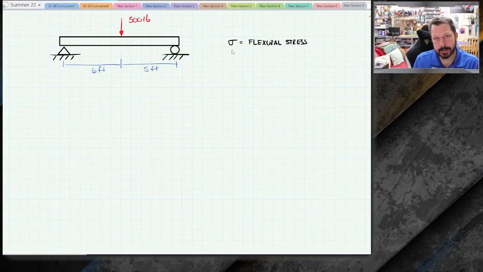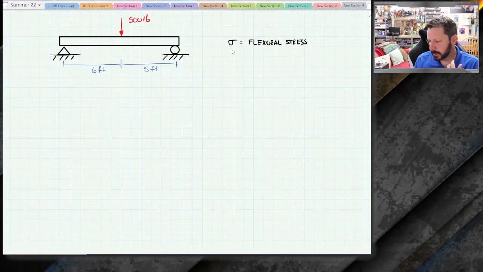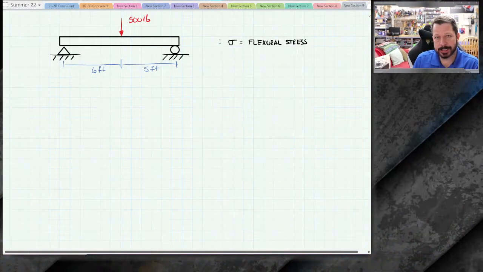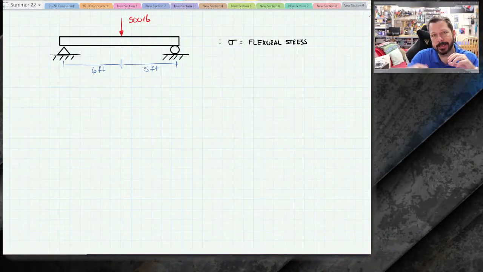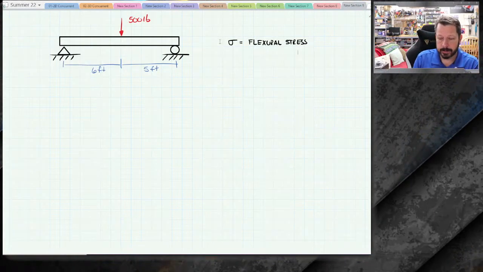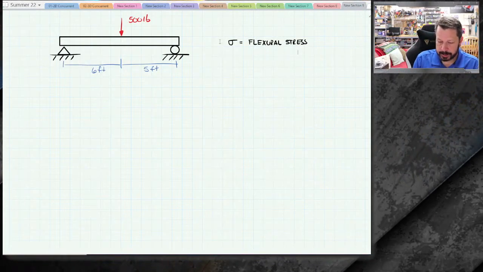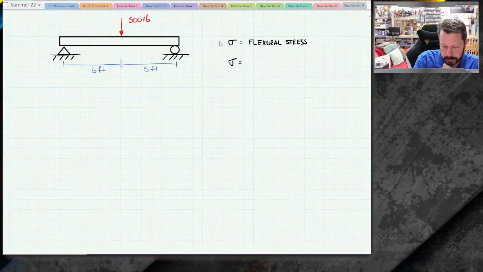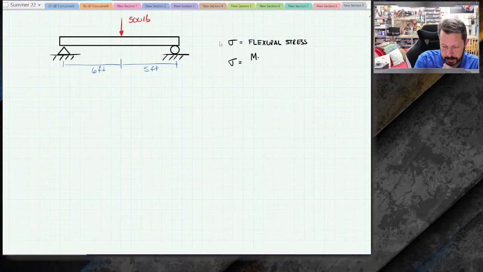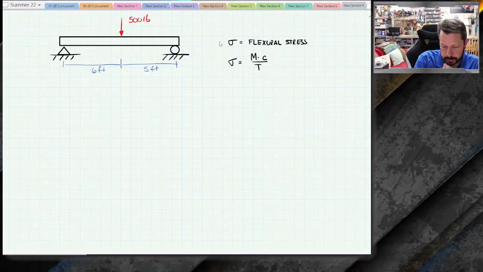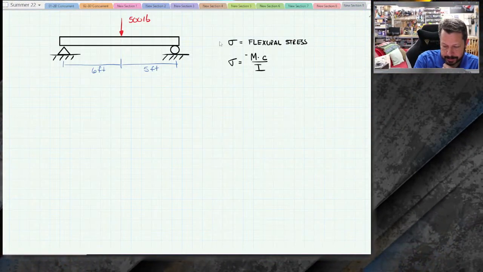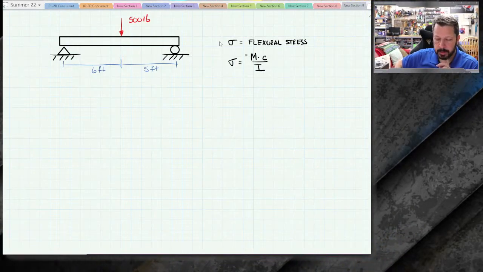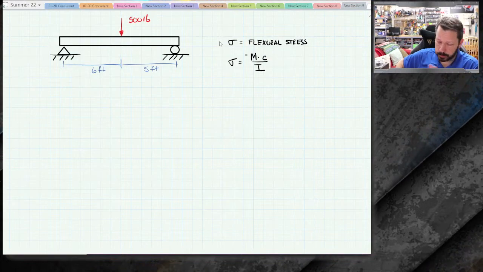The equation is the same idea, where it's still an intensity of forces, except now the forces are making things bend. So it's not just force over area. We're not going to derive this right now, but the equation we're going to use is sigma equals M times c over I. Technically it's a negative M, but that's not too big of a problem right now. And sometimes that c will be a y, but we'll worry with that later too.